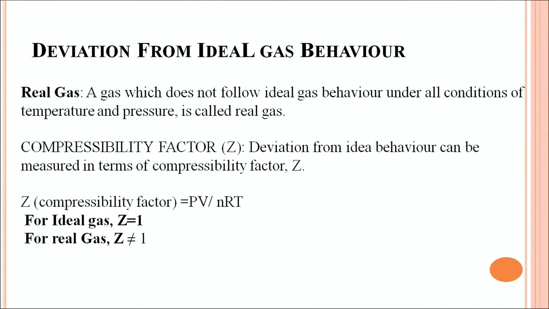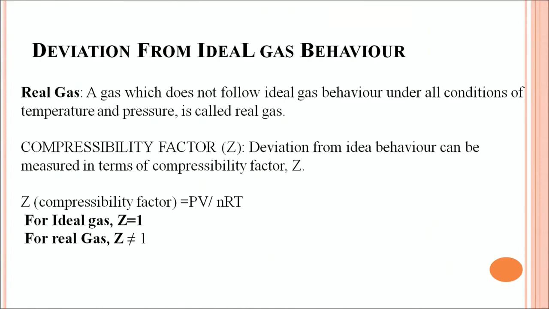Here, we can explain this with a factor which is known as the compressibility factor. Deviation from the ideal behavior can be measured in terms of the compressibility factor. So, PV upon nRT, from the ideal gas equation, is equal to Z. For the ideal gas, Z should be equal to 1, that is unity, so we get a straight line graph.